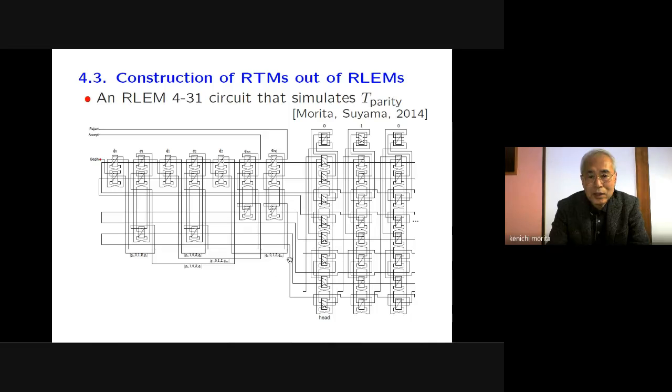This is an example of implementation of T Parity, which I have just shown. On the left-hand side, there is the finite state control of this machine, T Parity. On the right-hand side, there is a tape unit, but of course, it consists of infinite copies of tape cells.